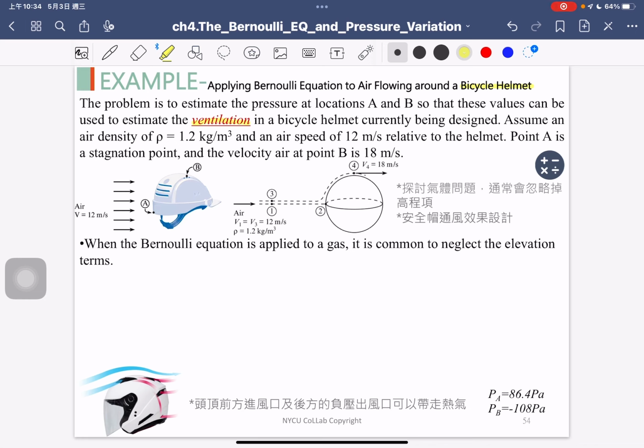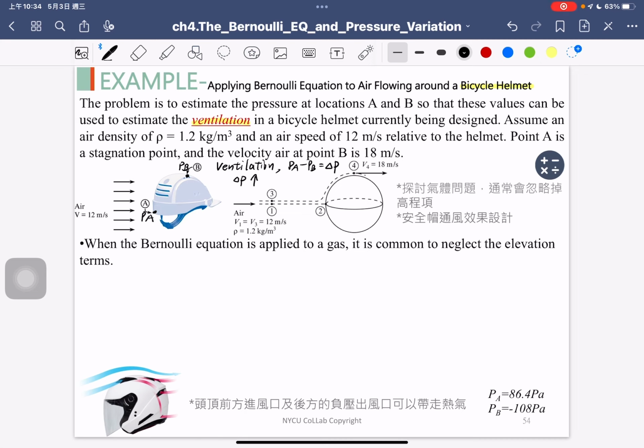Okay, so I write down the purpose, how we can quantify the ventilation problem. You can see we have the pressure PA at this point, and we have a pressure PB. PA minus PB we call delta P. If delta P is large, then we say the ventilation of the helmet is good enough.